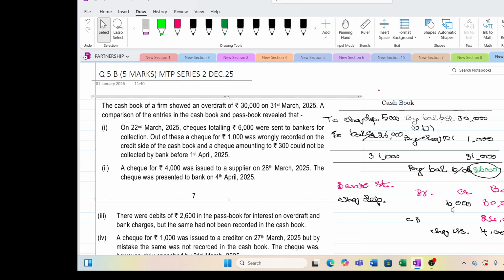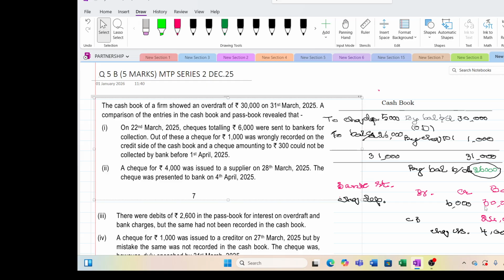So they will credit this amount. Let us not go into the 300 right now. Take it that the 6,000 is credited by the bank. Now what will be the balance as per bank? They will reduce the 6,000 and they will show it as 24,000. What we are showing is 26,000. So the overdraft has come down by 2,000.